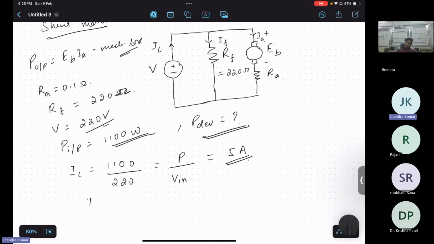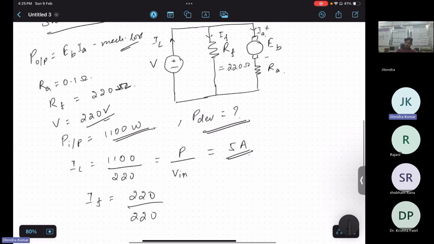So how much will be IF? 220 by 220, since this voltage is parallel to RF, right? This voltage is appearing as V, which will be 1 ampere. You're following so far? Yes.